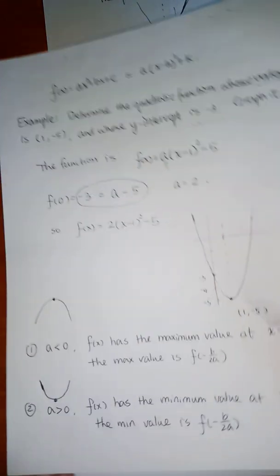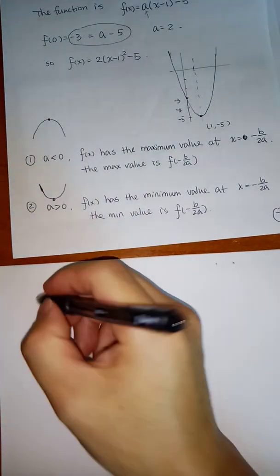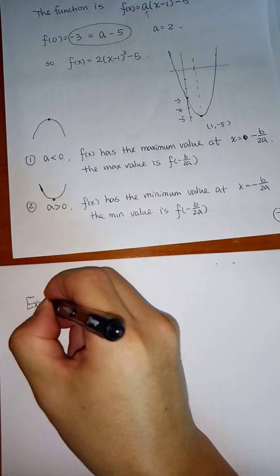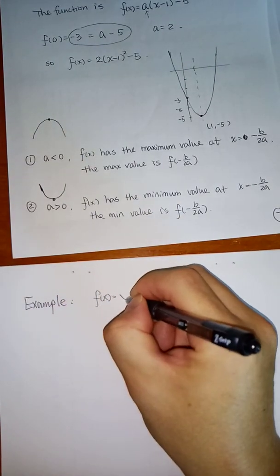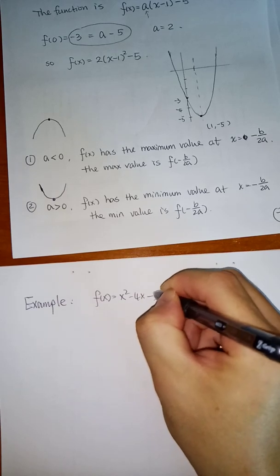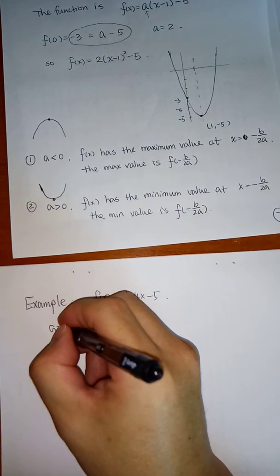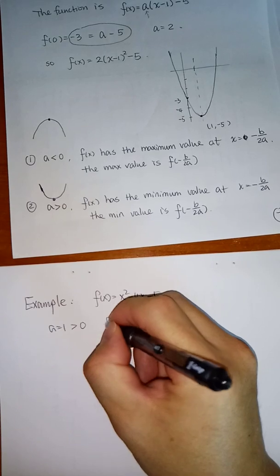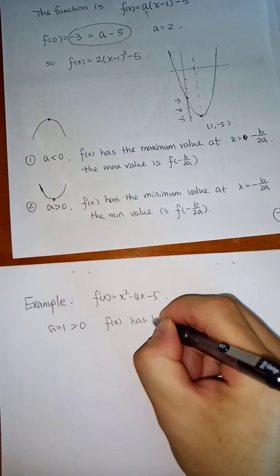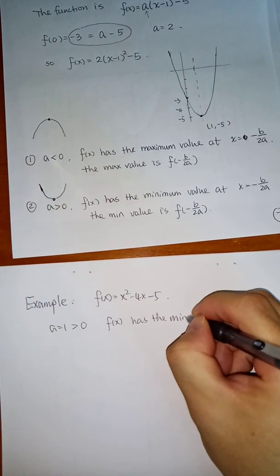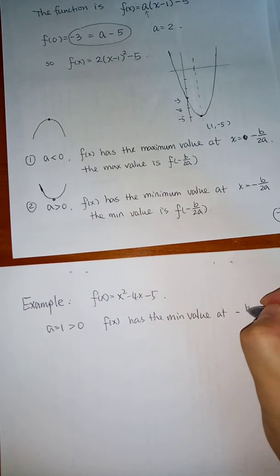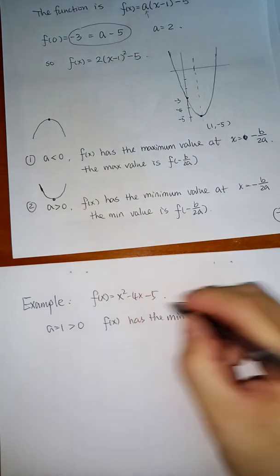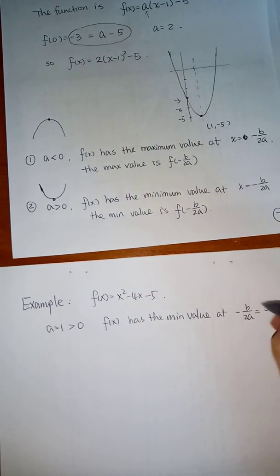Okay, so let's do a quick example. Assume our function is x squared minus 4x minus 5. A is equal to 1, positive, so f has the minimum value at negative b over 2a. Negative b is 4. A is 1, so 2a is 2.